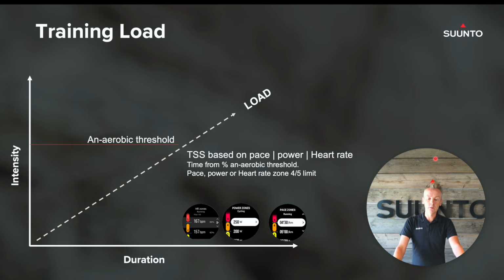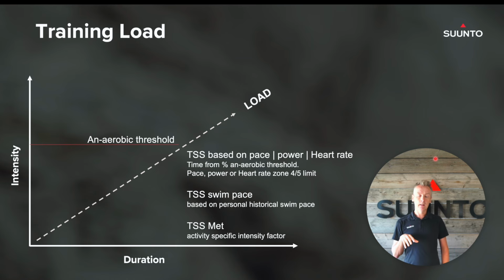Then again, when you use for example pace and power, obviously the same thing. So you can have zones defined by power or zones defined by pace, and then the zone 4 to 5 limit, for example as power or pace, is the threshold.